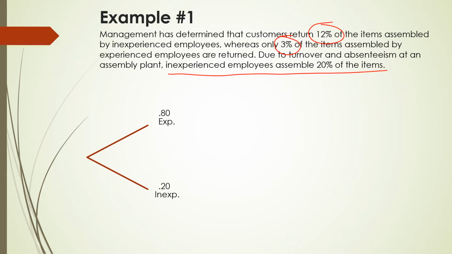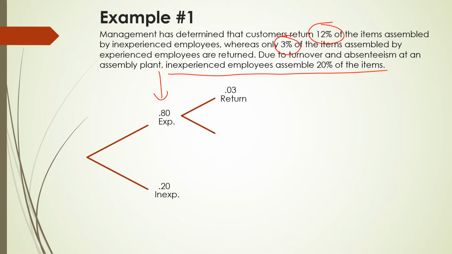Every time you do a tree by itself, those two branches need to add up to 100%. And so that will give you your organization. So as we keep going, we have two things that can happen with both groups. The item is returned or the item is not returned. So that is how we're going to separate everything.